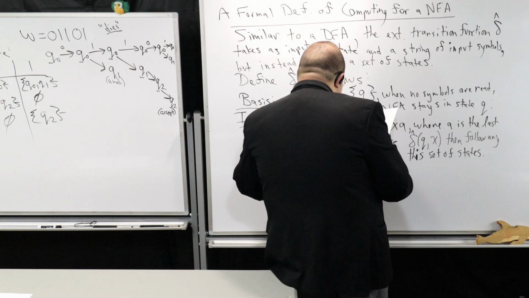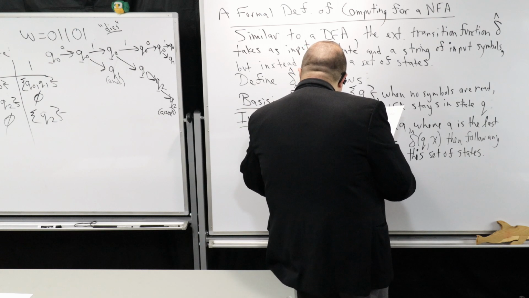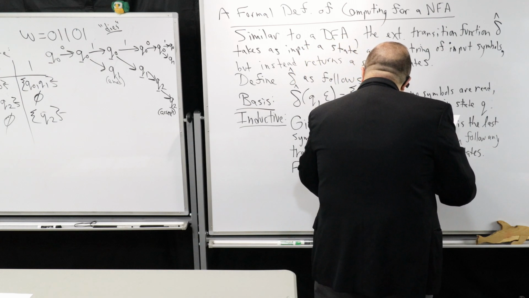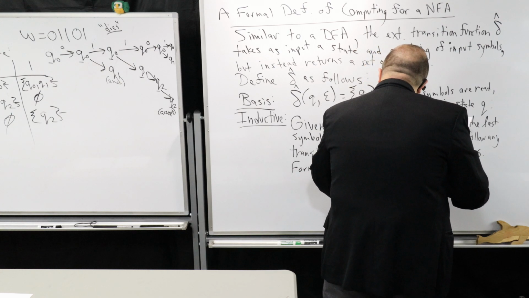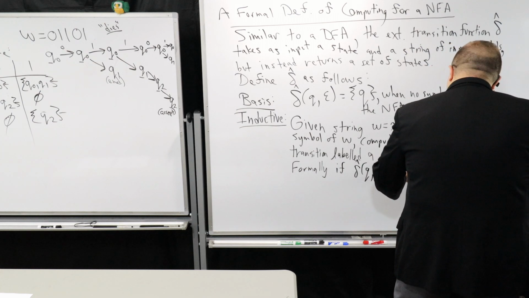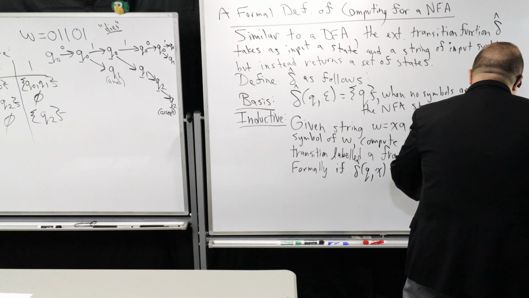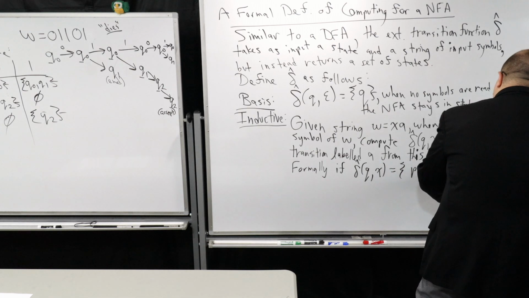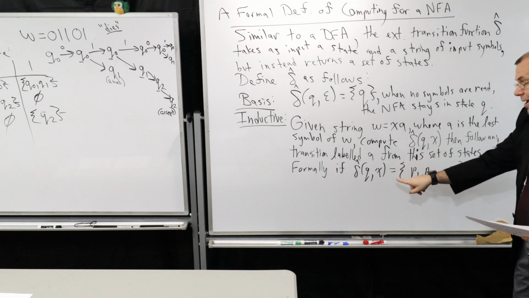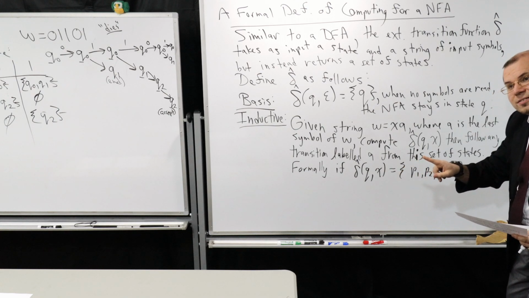Once I write it down formally, you'll see it. Okay, formally, if delta hat of qx is equal to the following set, I'm going to call it P1, P2, all the way up to Pk, these are all going to be the set of states that it will be in after it finishes processing x.